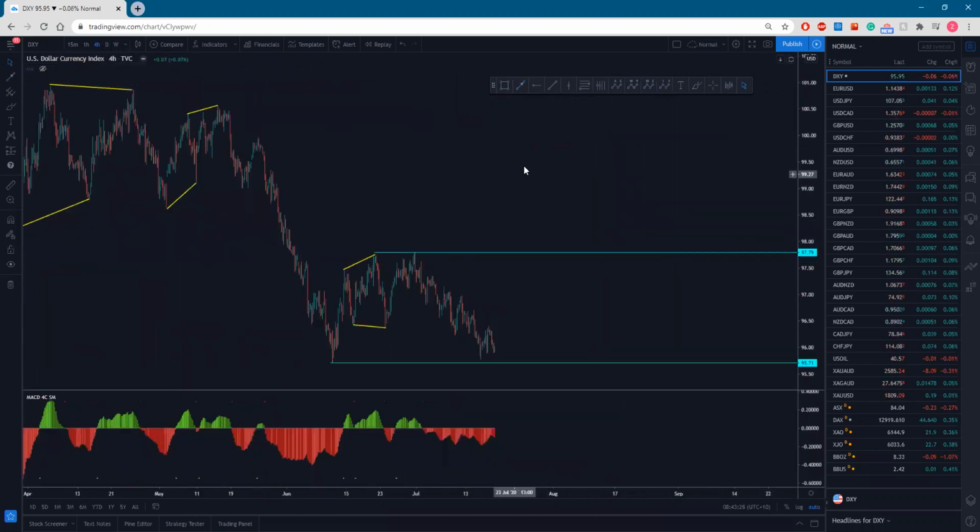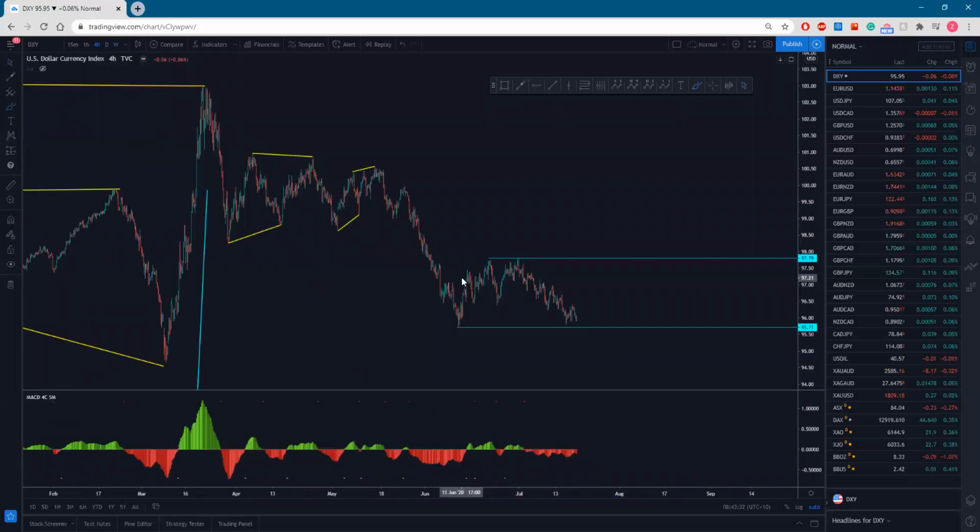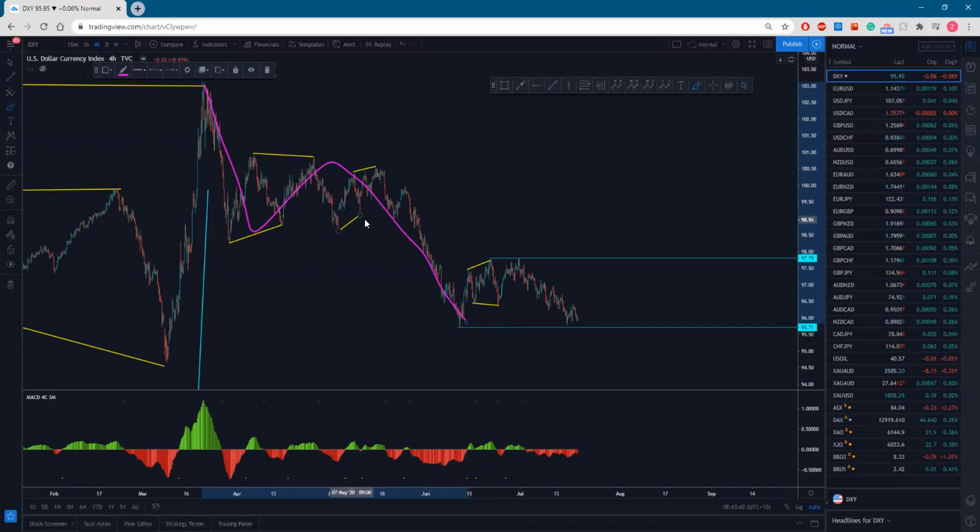So at the moment, I do see two options within this correction here. The first one is that it's actually complete, like so, with more downside to come.